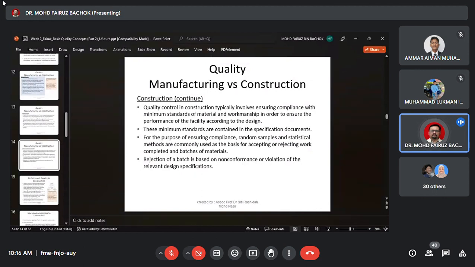Do they refer to the Malaysian Standard? Do they refer to the British Standard? It happened, based on my own experience, with one contractor. I went to the site and there was a problem. They were supposed to build concrete in the sea.